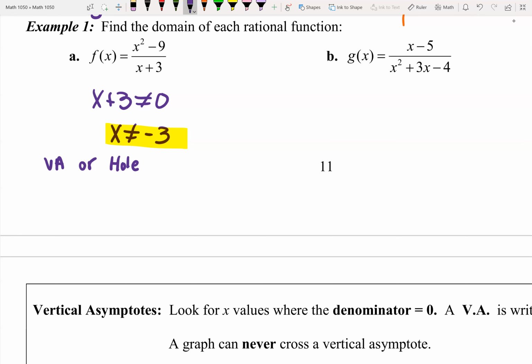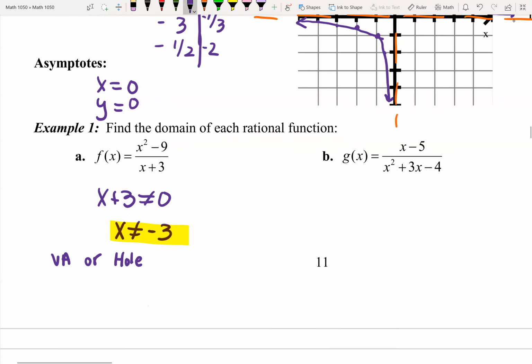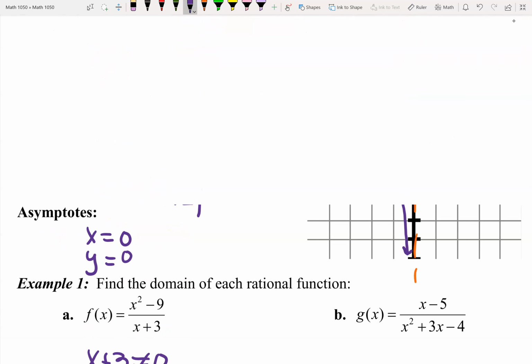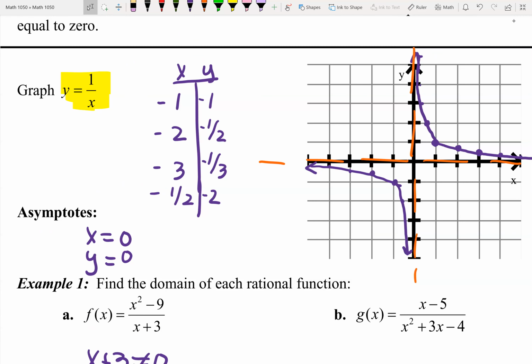Okay? Yes? So how come we have to graph the negative side too if the graph isn't y equals negative 1? Say it again. So like on the very top example we did, why do we graph the negative side if the equation's not negative?